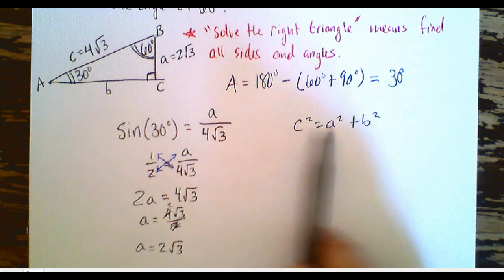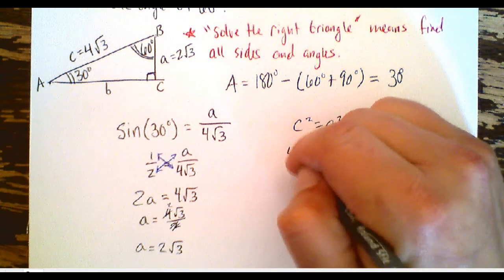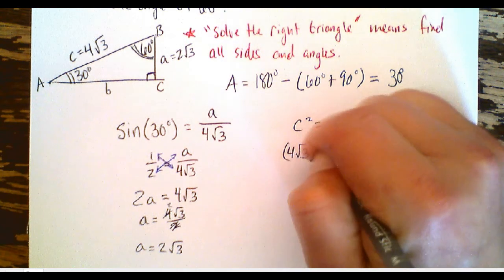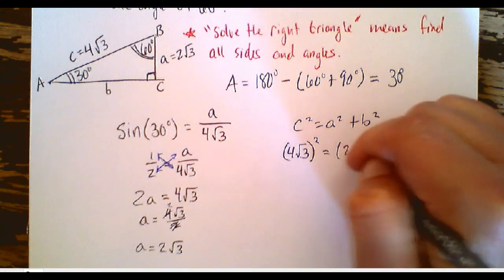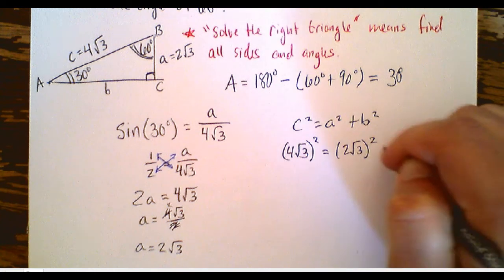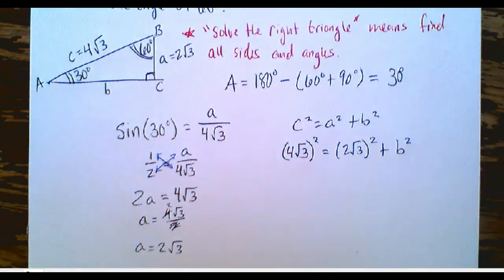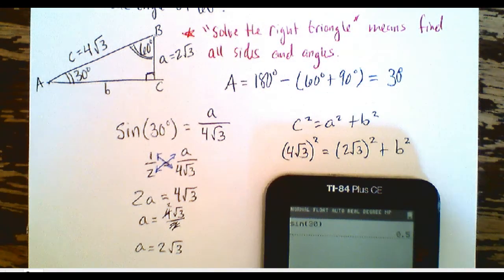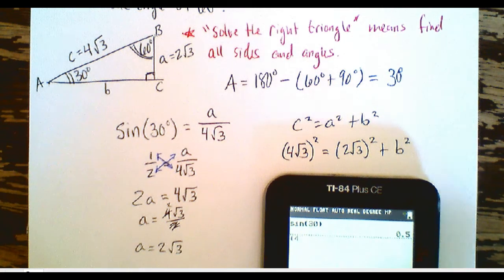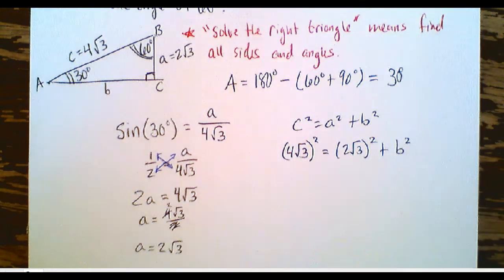We know two of the values now, so 4 square root of 3, all squared, equals 2 square root of 3, all squared, plus b squared. So what is 4 square root of 3 squared? 48.